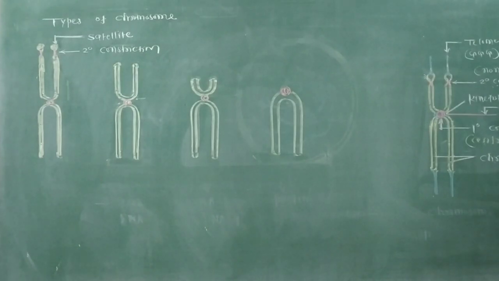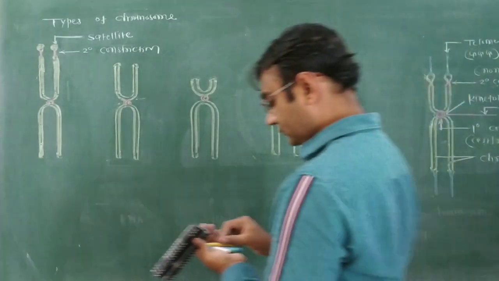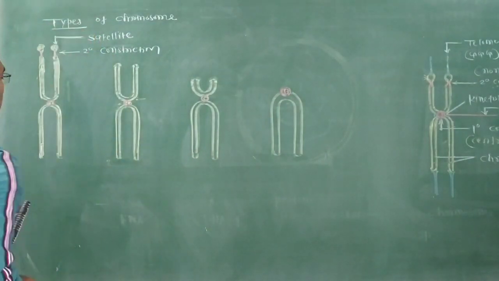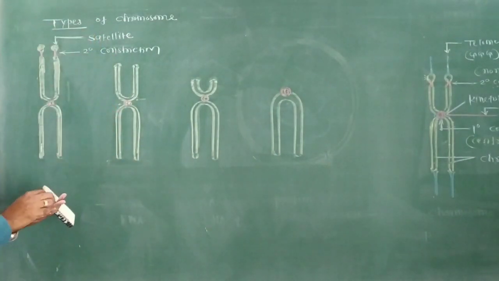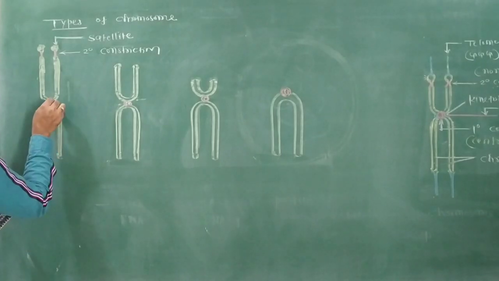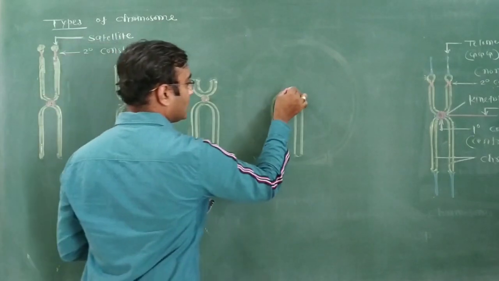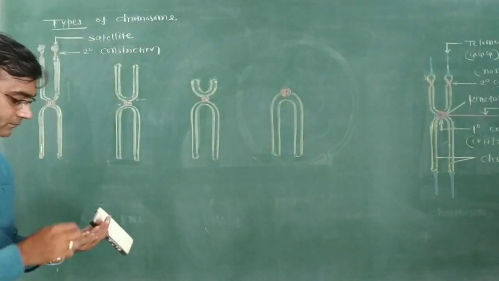Now we discuss the types of chromosome on the basis of the position of the centromere. Who decides the 4 types?